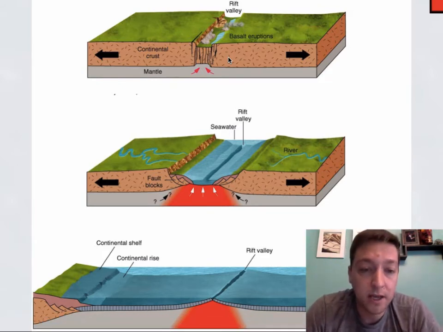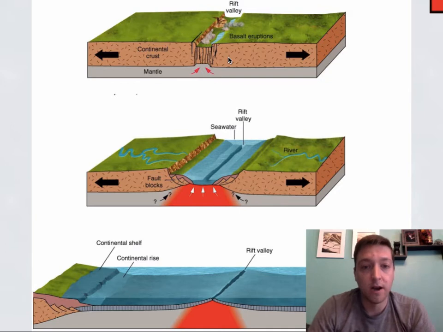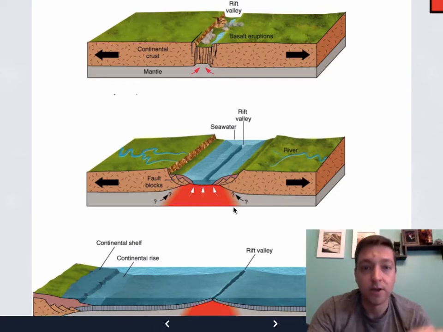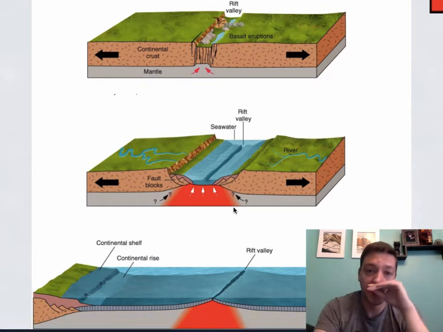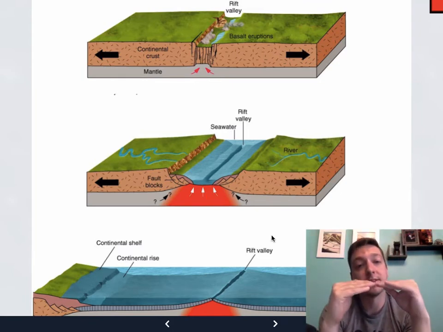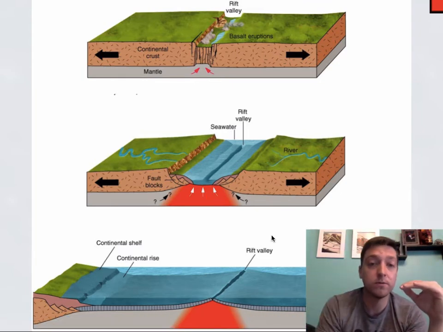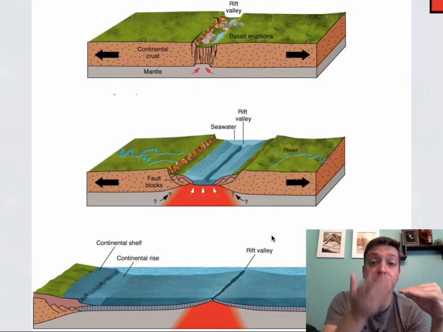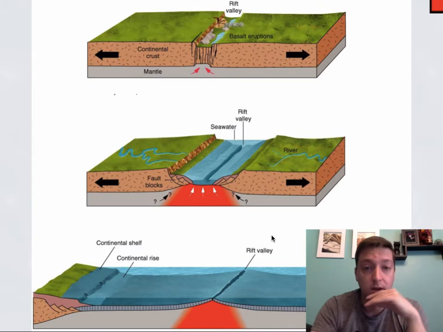But more commonly, it happens in water. So basically what you can see, let's look at this second one. The land masses are moving apart, but the rift valley fills with water. And whenever you have this separation in water, something comes up to fill the space that was created in the middle.